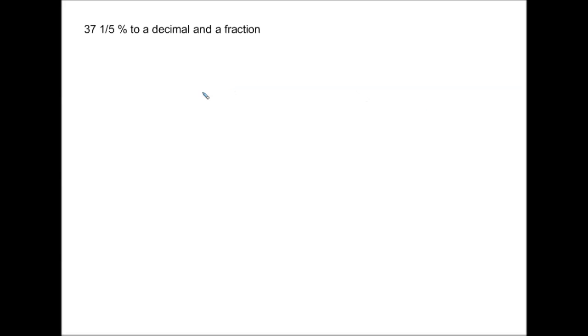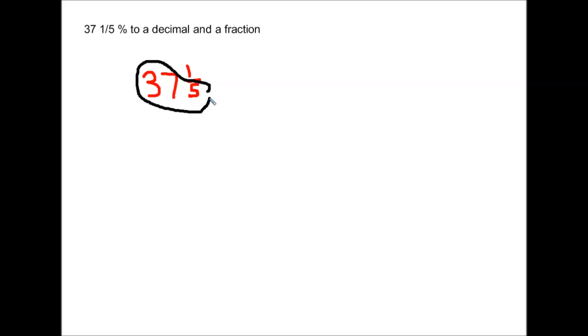Now I'm going to take 37 1/5% and change it to a decimal and a fraction. So I start out with 37 1/5%, and what I'm going to do is change it to an improper fraction. I can do that using the jelly bean method.